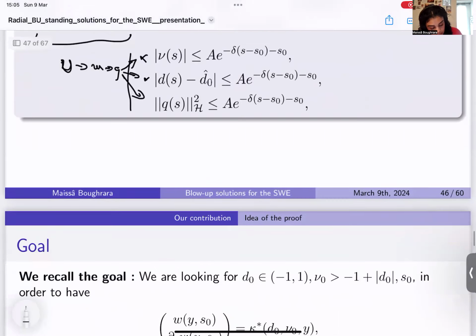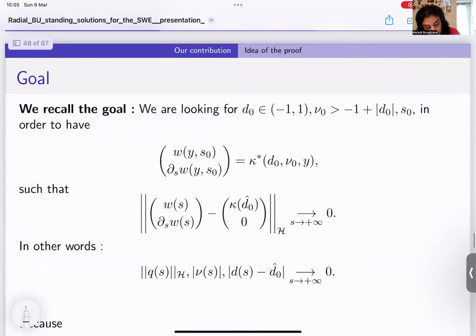Okay, so this is a recall of the goal. We took initial data in similarity variables. We fixed these ones and these ones, so we're going to determine them now. So we fix initial values in similarity variables with fixed parameters, such that this one is going to go to 0 with an exponential speed.